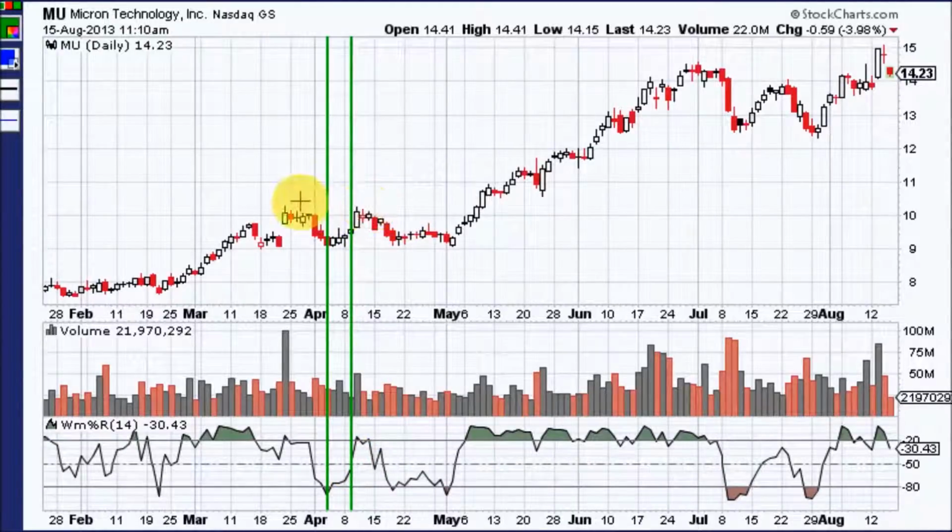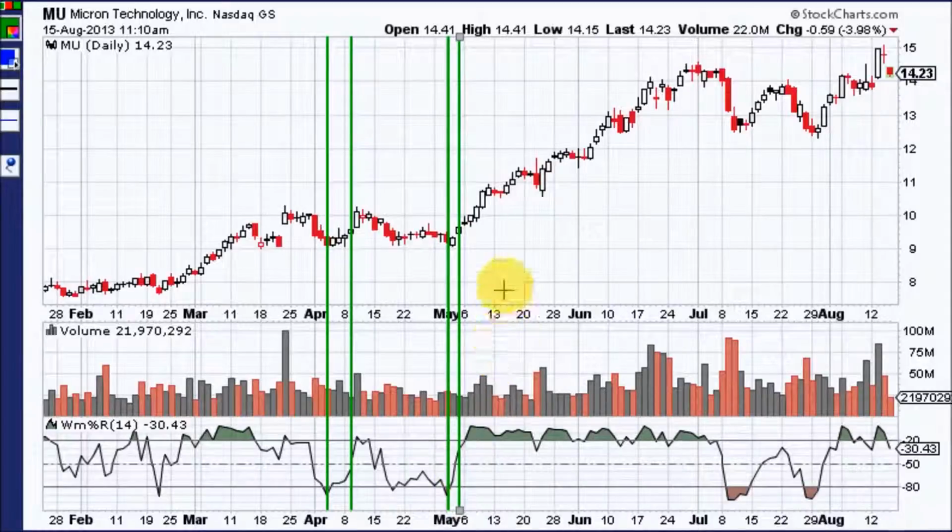But it had trouble with this resistance area, became slightly overbought above minus 20 and did a pullback. It fell through the minus 50 line, down to oversold territory where it bounced a little. And here is your next buy signal. Percent R drops below minus 80, crosses back up through it right about there, and the stock goes up. When it clears the 50 line right here, that is a definite signal.